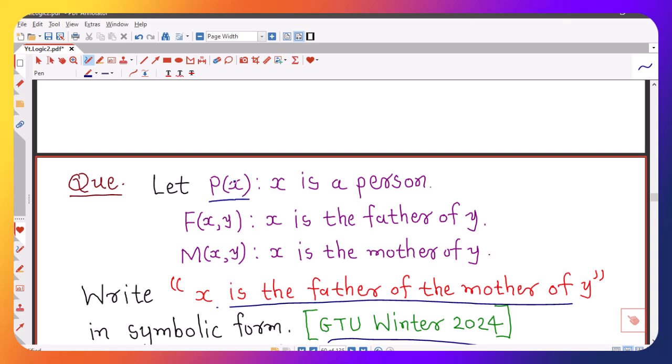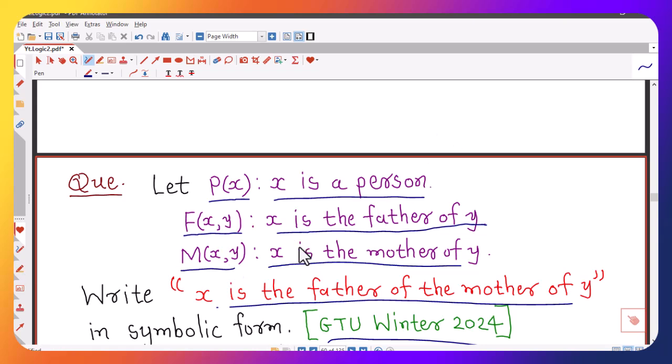P(x) is the statement function of one variable which indicates that x is a person, and this is a statement function of two variables x and y, and it is the notation for x is the father of y. This is denoted by F(x,y). Similarly, x is the mother of y is denoted by M(x,y).